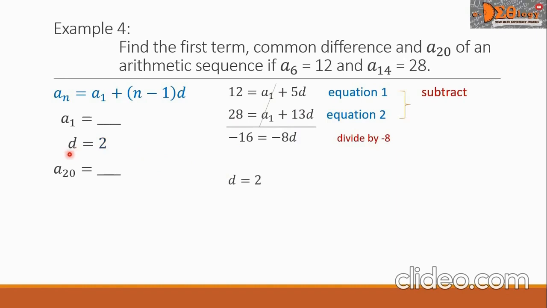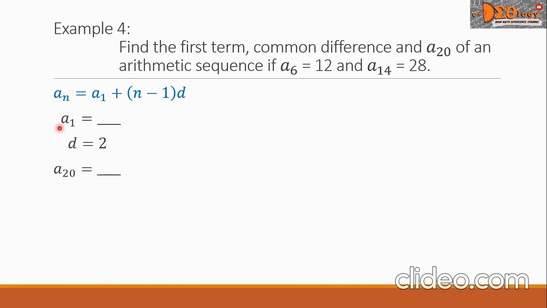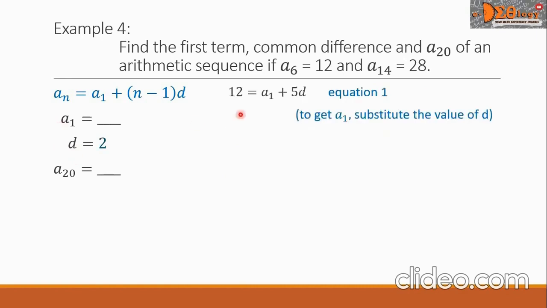Let us now solve for a sub 1. Let us use equation 1. We will substitute the value of d here. So we have now 12 equals a sub 1 plus 5 times 2. Simplifying further, this 5 times 2 is 10. And we want to get the value of a sub 1.